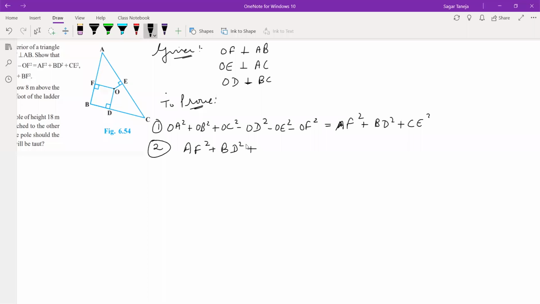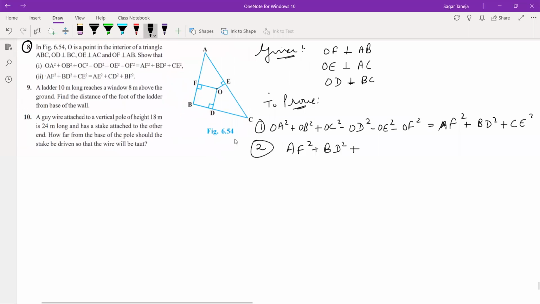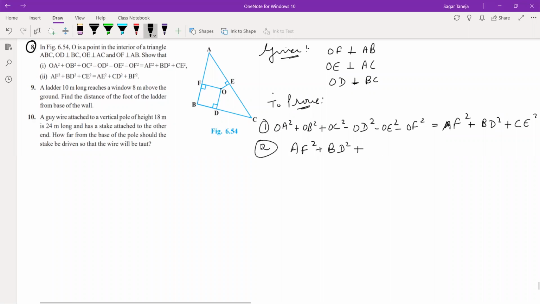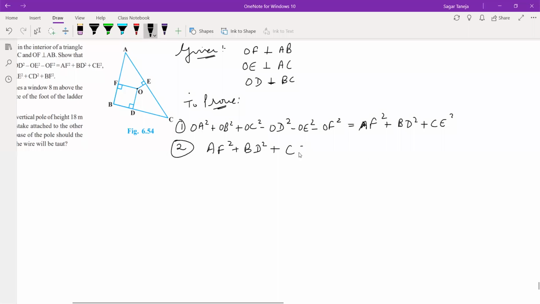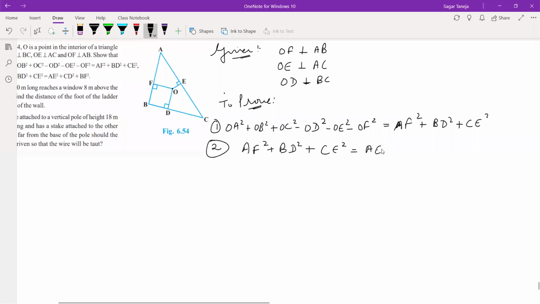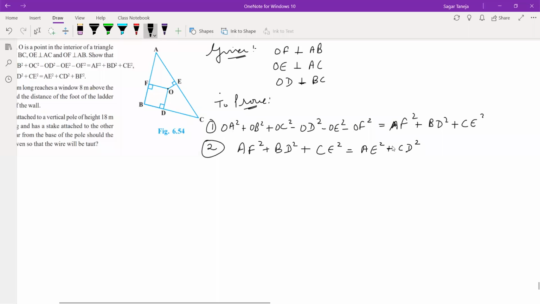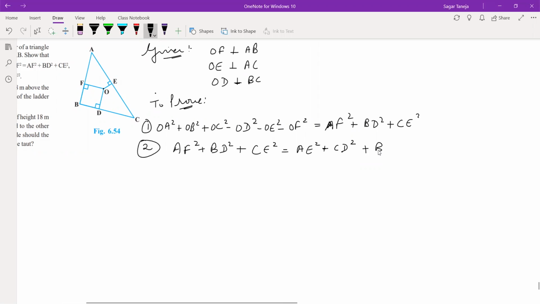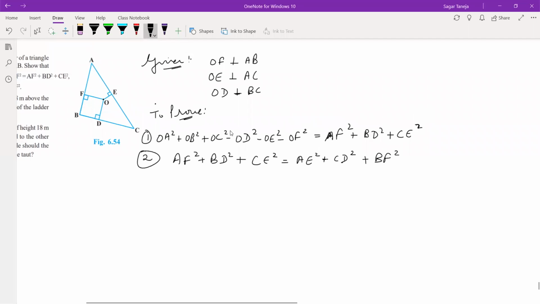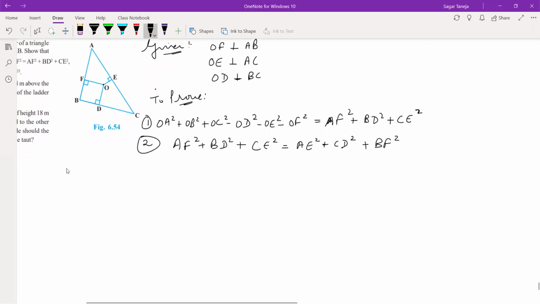This is lengthy, but not a difficult one. It is an easy question, but it will take time to make you understand things. Second, AF square plus BD square plus CE square is equal to AE square plus CD square plus BF square. So this we need to prove.